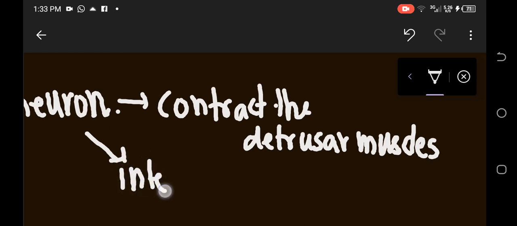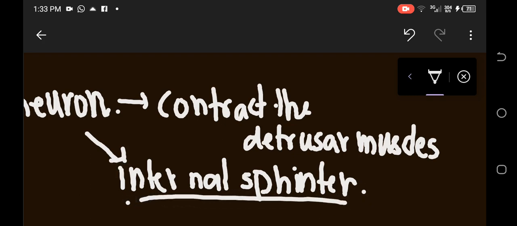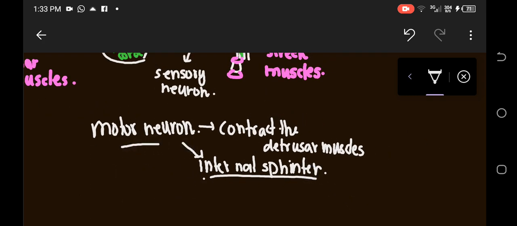Internal sphincter को भी contract करो ताकि वो open हो जाए. When it opens, we can easily pee. So this motor neuron takes commands for two things: one to contract the detrusor muscles, another to contract the internal sphincter.